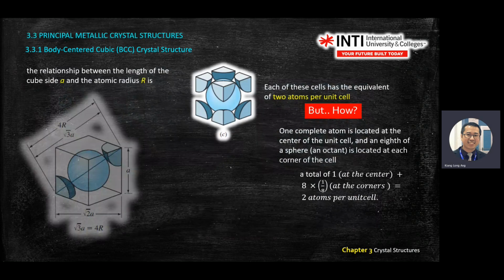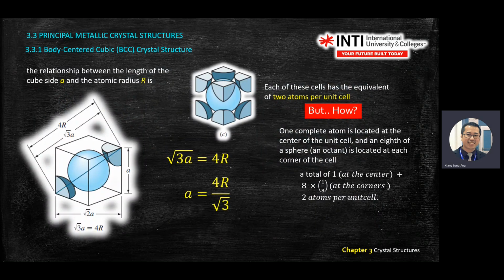Then we also calculate the relationship between A and R. Pay attention to how we do it for BCC, because later FCC and HCP will be different. For BCC, we cut a diagonal section from the top. We cut like that. Then we calculate the A and R relationship.